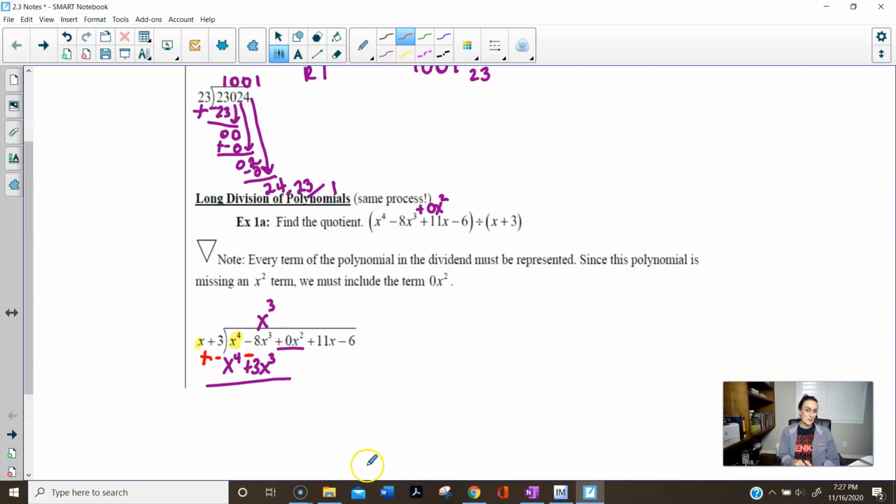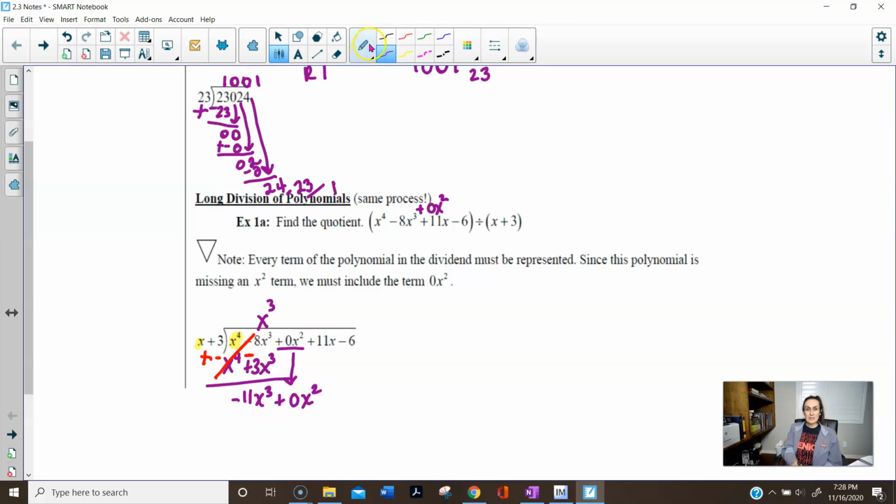And I like to do it that way, adding the opposite. So if you did it right, these first terms are always going to cancel. So x to the 4th and negative x to the 4th is simply going to cancel out. Then you have negative 8x cubed and negative 3x cubed, and that's negative 11x cubed.